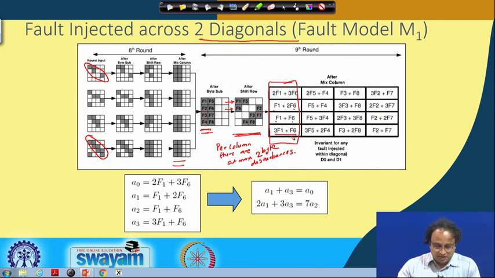Okay. And therefore you can now set variables like in the previous case, a0, a1, a2 and a3, to these 4 values: 2f1 plus 3f6, f1 plus 2f6, f1 plus f6 and 3f1 plus f6. These are all differential equations, and you can actually eliminate f1 and f6 because there are 4 equations and 2 variables.